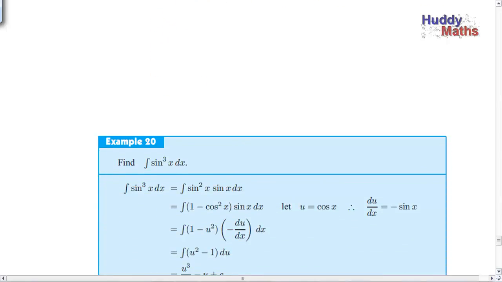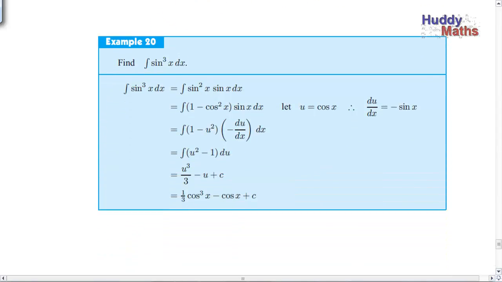Here we go. There's one little bit left here, along with that sort of trick. Integral of sine cubed. We don't have an identity for sine cubed, so we can break it into sine squared x by sine x, and then start playing. Okay, and trying to get it to a point where we can say, is this the derivative of something in here? Yes, it's the derivative of cos, so let u be cos x.